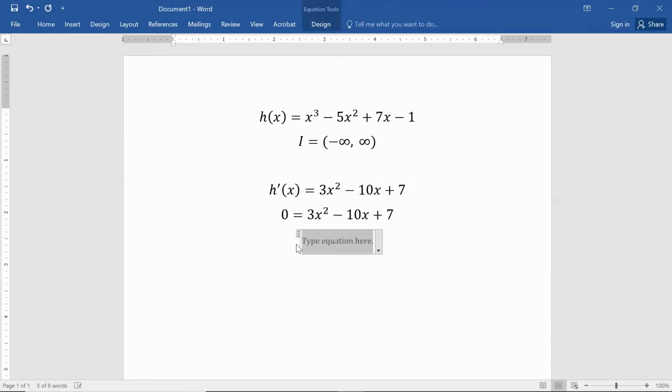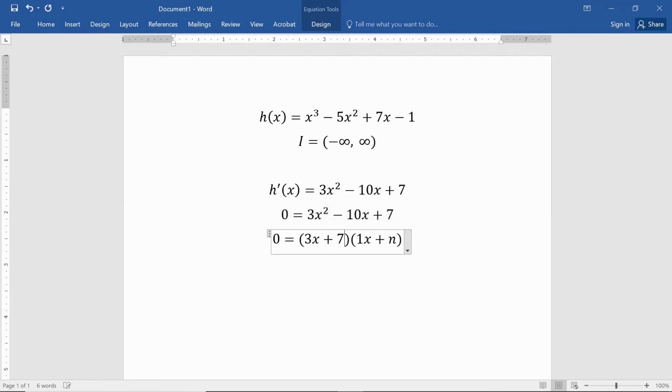I believe this factors. Let me check that out. If this factors, it would be 3x plus a number times 1x plus another number. Those two numbers, the m and the n, would have to multiply to give me 7, and then when I multiply out to get my middle term, they'd have to add up to -10.